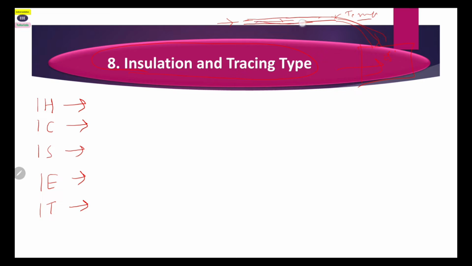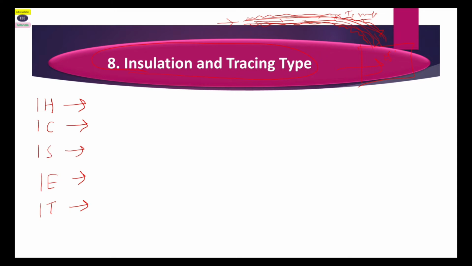So to maintain the temperature of the fluid flowing through this line, we require insulation. It will not stop the decrease of temperature totally, but it will maintain it at a certain level. So this is the use of insulation.